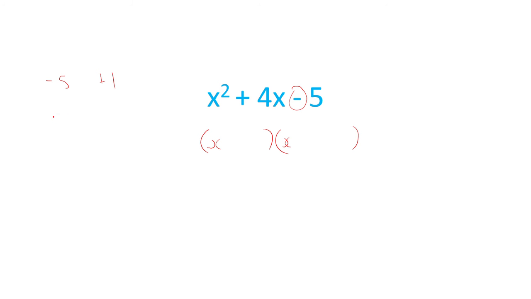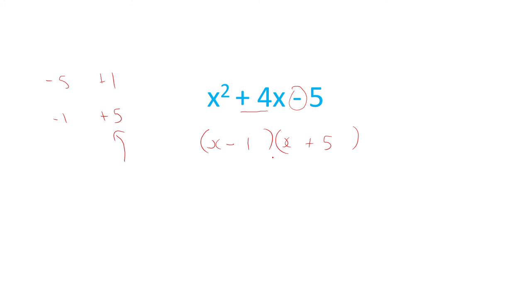We could also have minus 1 and plus 5. Those are our two and only pairs of numbers which multiply to give minus 5. The third thing we think about is which of those pairs add to give you positive 4. And you'll see that of those pairs, minus 1 and plus 5 is the only one that does that. So I can write in x take away 1 and x plus 5.